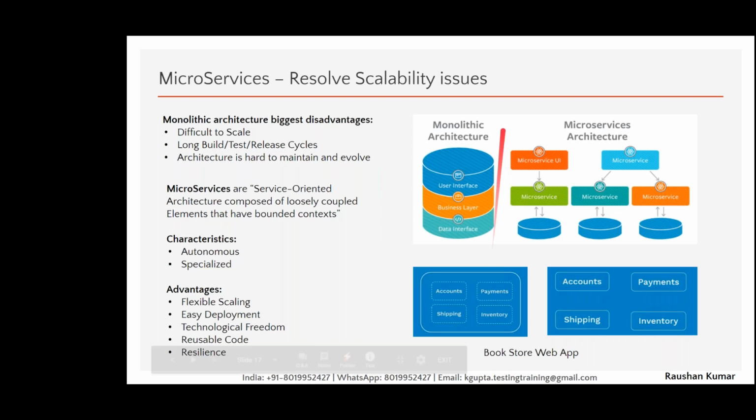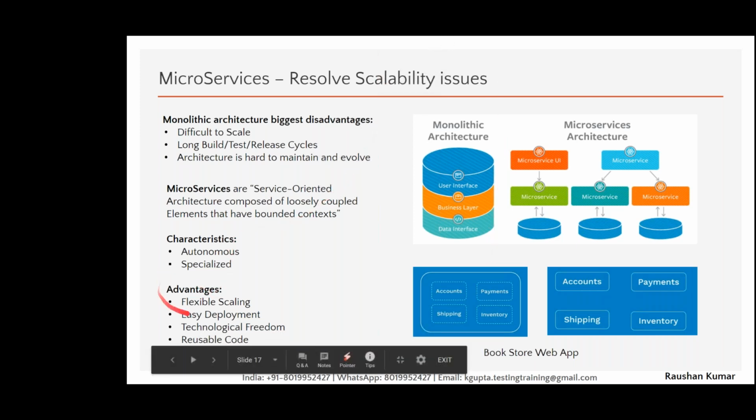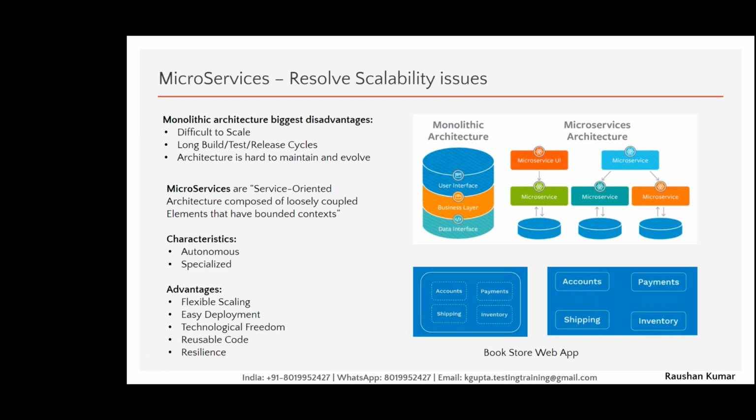Okay, and the next question comes, the advantages. There are huge advantages of microservices here. Flexible scaling. I can scale up the resource of any one microservice if I need. If I am observing that my shipping module is getting more user hits, suppose it has more load, what I can do is scale up the resource.